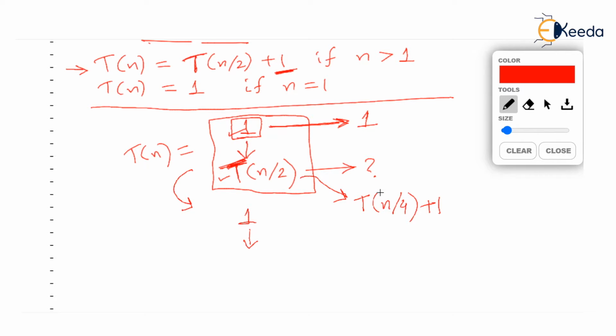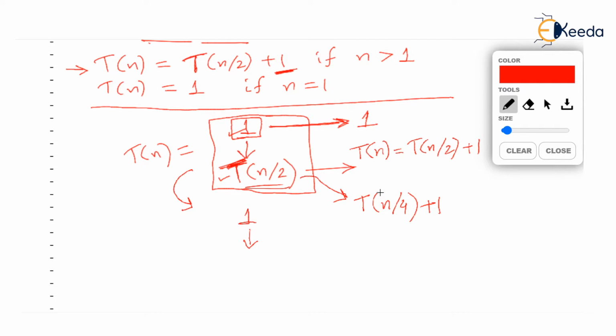I hope you have watched the video of dividing function and how you solve that dividing function using substitution method. Well, just as repetition of what we did in that earlier video, you tell me, isn't the original, the first recurrence relation given, T(n) is equal to T(n/2) plus 1? Now somebody asks you, what is T(n/2)?